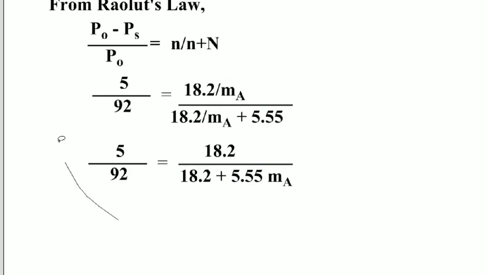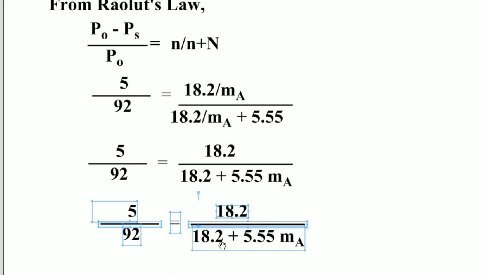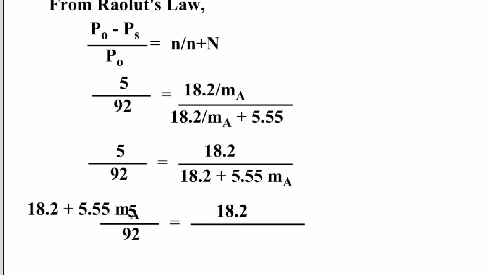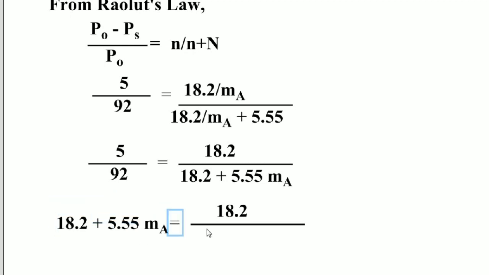So students, on rewriting the above relation, if you bring the denominator 18.2 plus 5.55 MA towards the left hand side, it comes like this: 18.2 plus 5.55 MA is equal to 18.2 into 92 divided by 5. If you bring the 5 by 92 to the right hand side, it becomes 92 by 5.